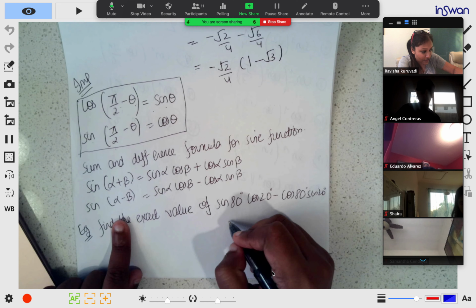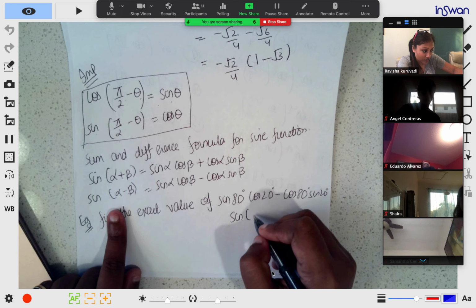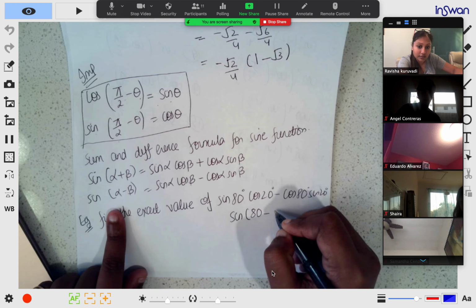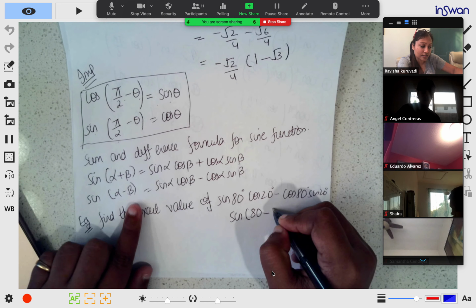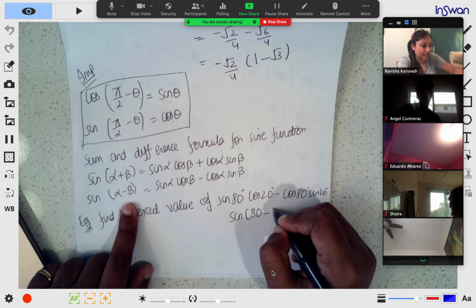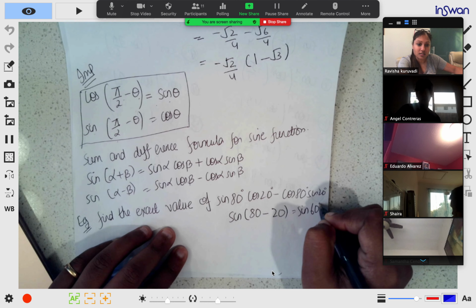What's my alpha? So your alpha is 80. 80 minus beta is 20. Exactly. So, it becomes sine 60, which is equal to what?